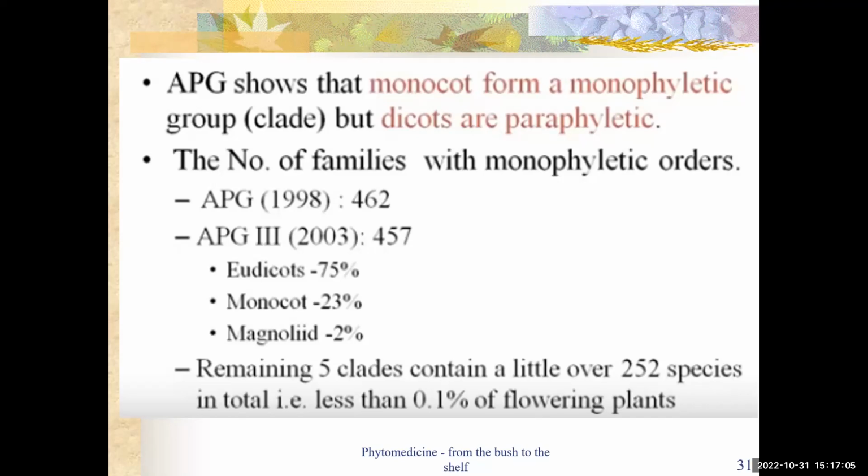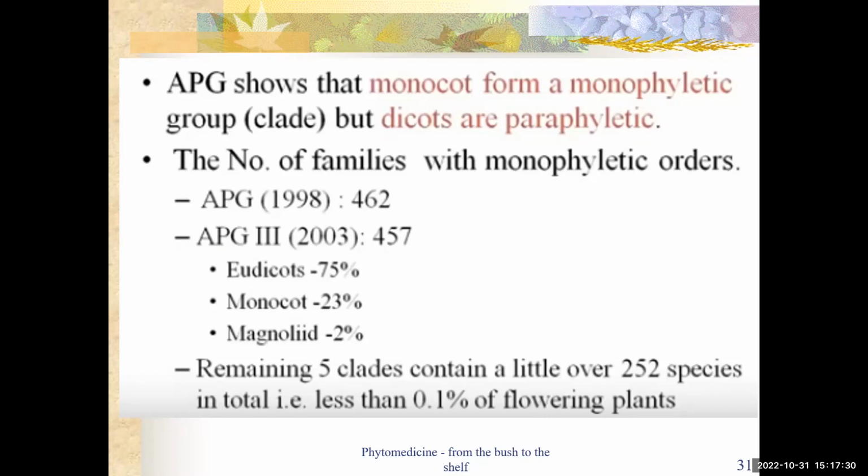But the one thing that is important is that monocots appear to be a really homogeneous group. But the dicots are not. What has been happening with the dicots is that we just get different groups and throw them into a basket for convenience, but they are not really alike.